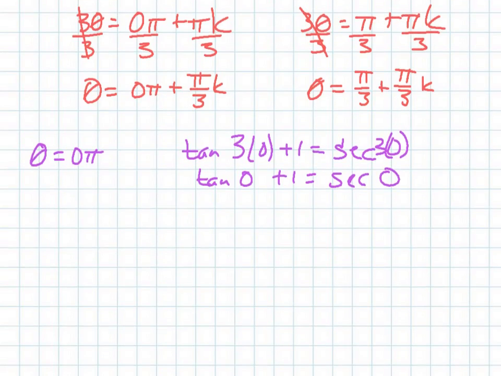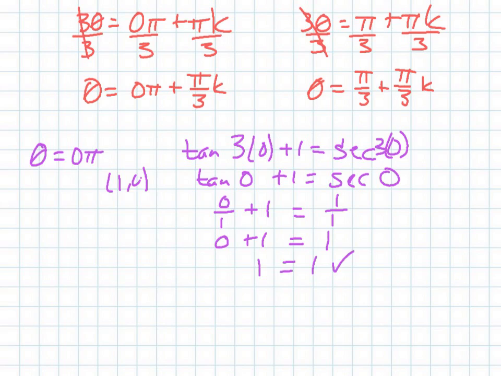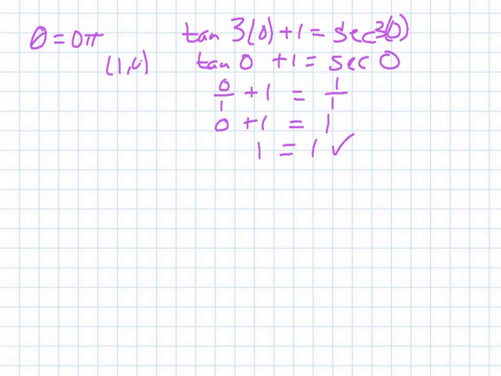Tangent of 0, remember that point is (1, 0), so tangent would be 0 divided by 1, plus 1, and then secant would be the reciprocal of your cosine, so it would be 1 over 1. So 0 divided by 1 is 0 plus 1, and 1 divided by 1 is 1, so 1 equals 1, so that one is a solution that actually works. Okay. Let's go try the next one.